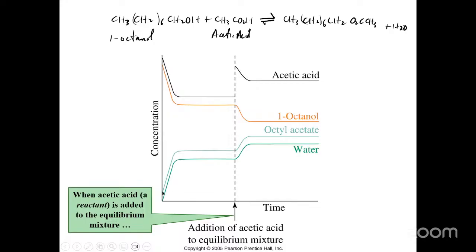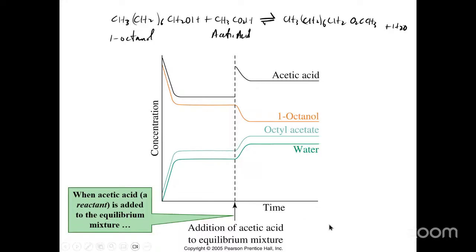Simultaneously, because these are the product form, the concentration of water and octyl acetate will increase until you reach a state of dynamic equilibrium where the concentrations remain constant for all the substances involved, right? So from here to here, we have dynamic equilibrium where the rate of the forward reaction is equal to the rate of the reverse reaction, all right?